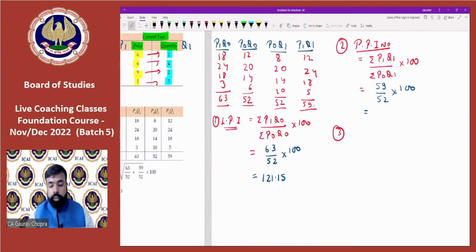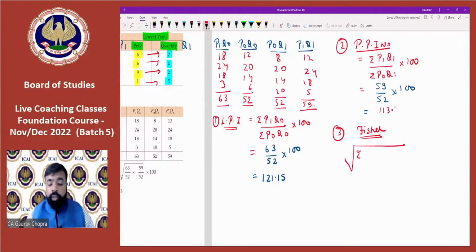Now the third one. The third formula is Fisher. Now for Fisher, you can apply the complete formula. So everybody is giving 113.46.